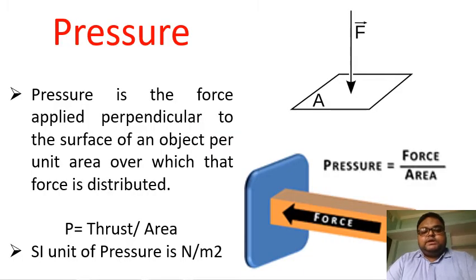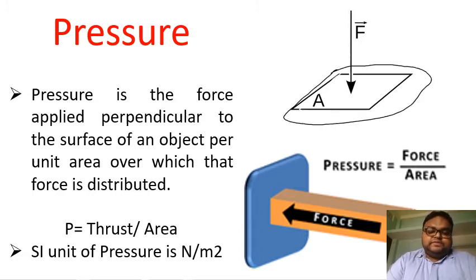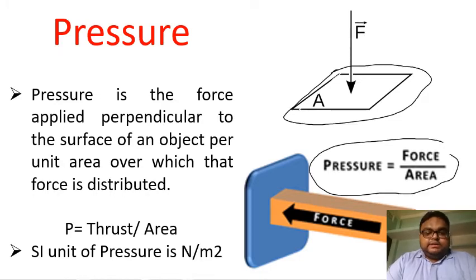So basically, pressure is the force applied perpendicular to the surface of an object per unit area over which that force is distributed, right? So suppose that this is the area upon which the force F is applied. So the pressure will be equal to what? Pressure will be equal to force per unit area, right?